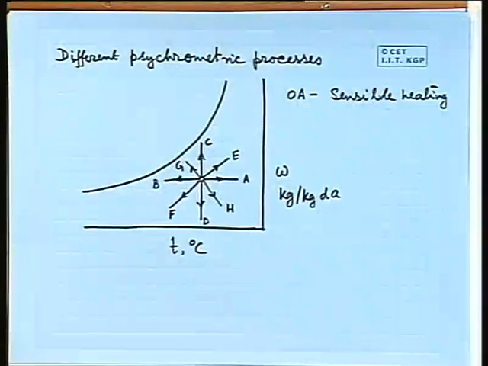Then OC, that is addition of moisture, keeping the temperature the same. And you see, by addition of moisture, though the dry bulb temperature remains constant, the wet bulb temperature increases.